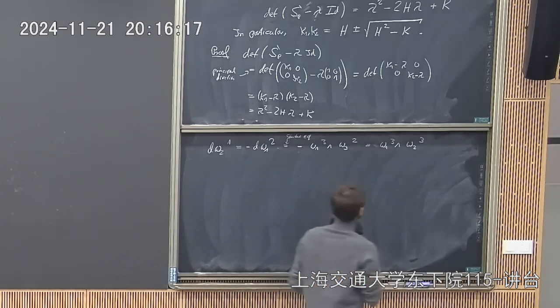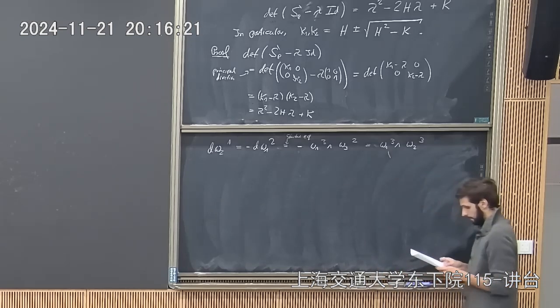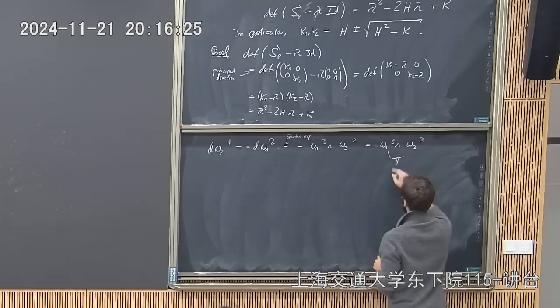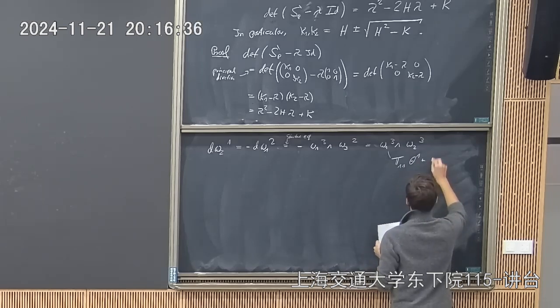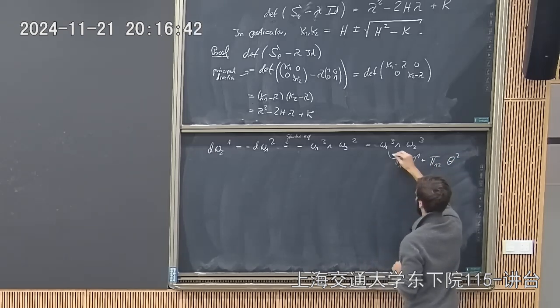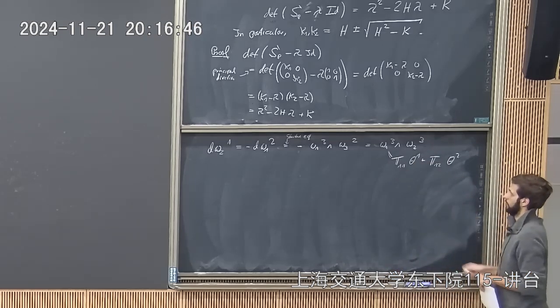So now we need these guys, the omega 1 3, and what we are seeing is that these ones are exactly the elements of the matrix. And similarly for the second expression with the second factor.